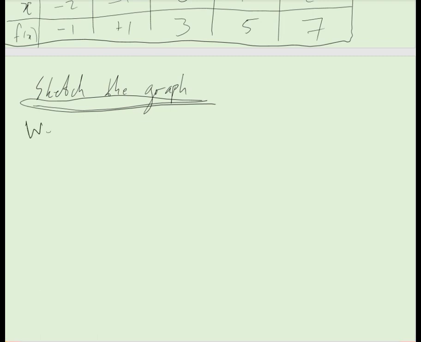We need the x-intercept, because there's only one x-intercept, because there's only one root to the polynomial equation. So we need the x-intercept and y-intercept. And let's see how to get it. And this strategy is true for all the other polynomial functions.